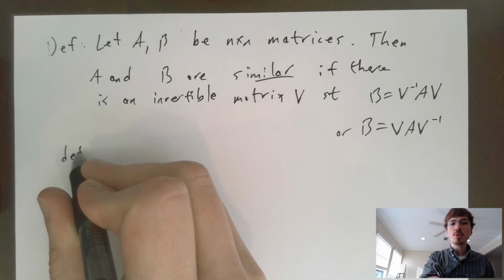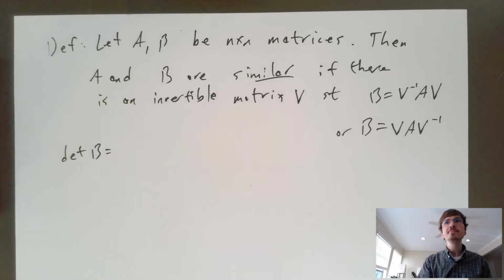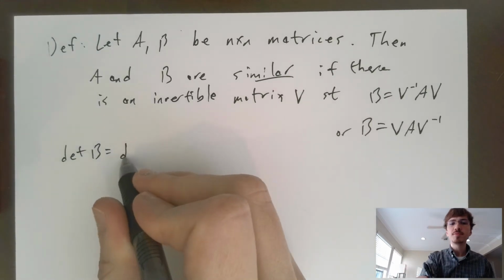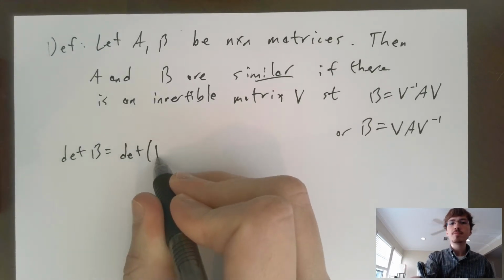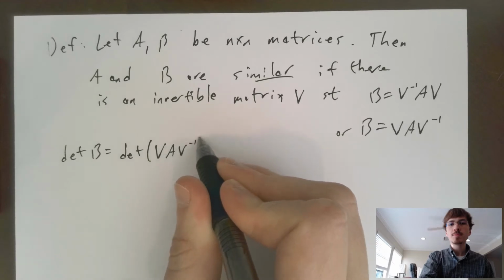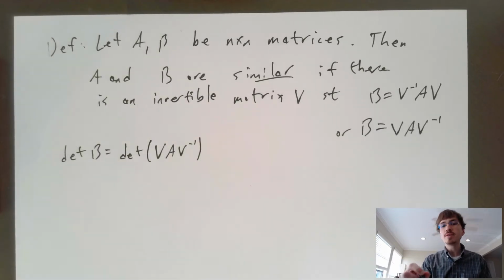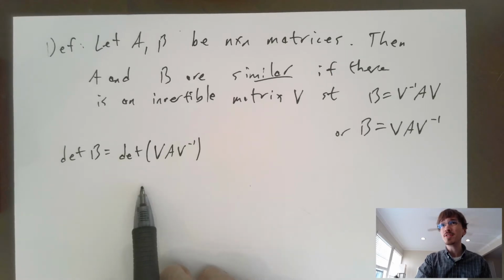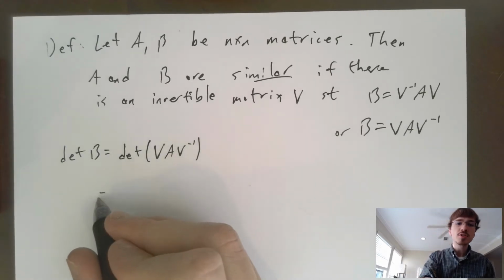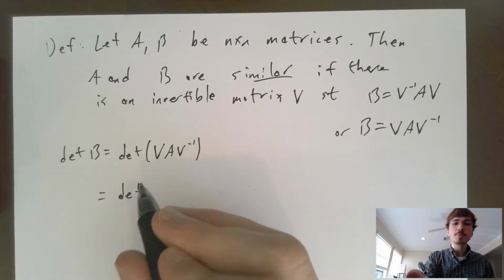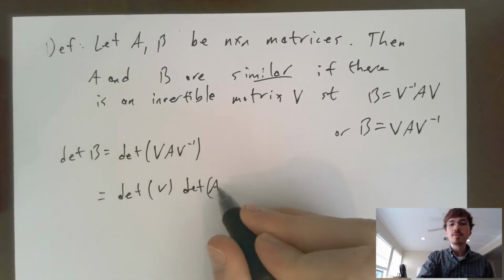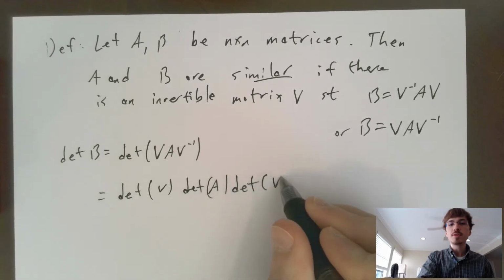Let's compute the determinant of B. Well, what's B equal to? It's equal to V A V inverse, isn't it? But now we know that the determinant of the product of matrices is the same as the product of the individual determinants, right? So this is equal to the determinant of V times the determinant of A times the determinant of V inverse.